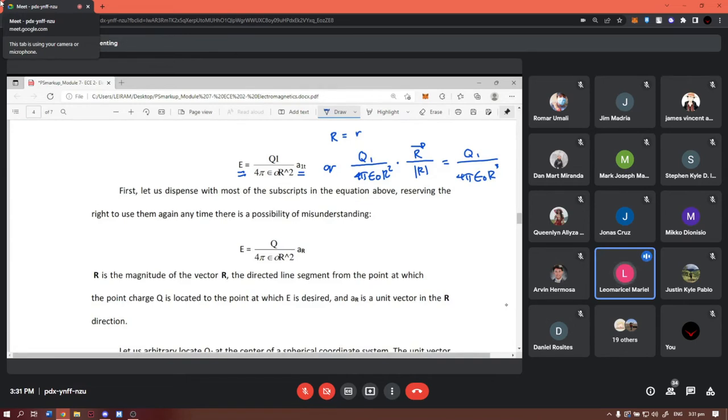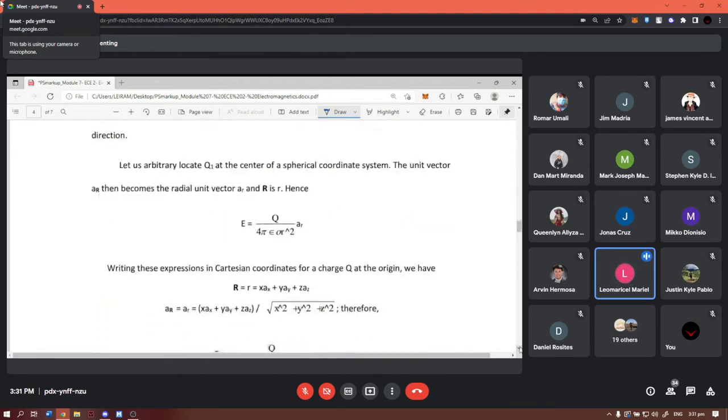Okay. First, let us dispense with the most subscript in the equation. So, ibig sabihin, itong mga dinadaldal niya na to, it will go to this particular equation. So, yung sinasabi niya na yung ating AR will be the unit vector.